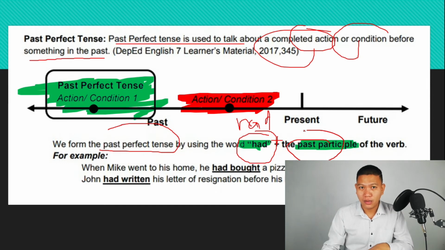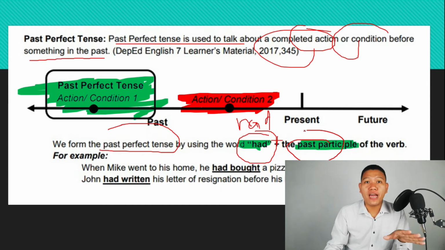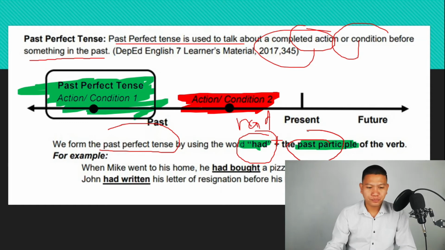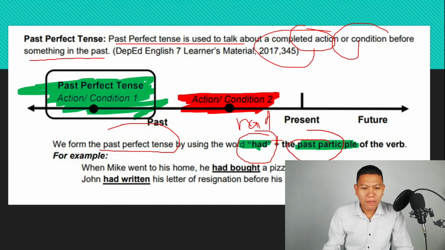Do you get me? Okay. Later on, I will help you on this. I will show here a list of regular verbs and irregular verbs in their present, past, and past perfect or past participle form. Example: when Mike went to his home, he had bought a pizza for his family.